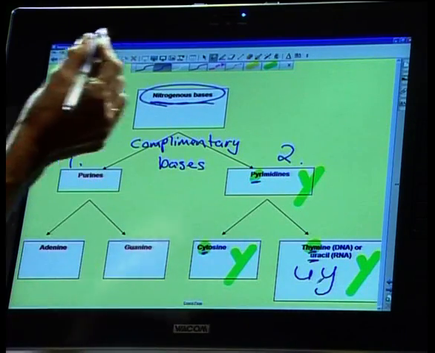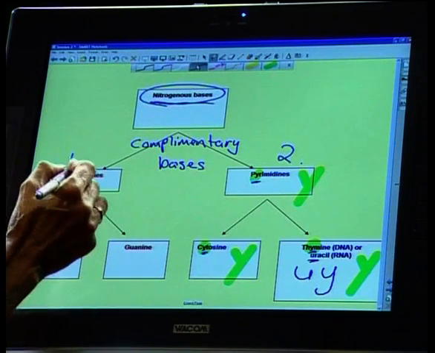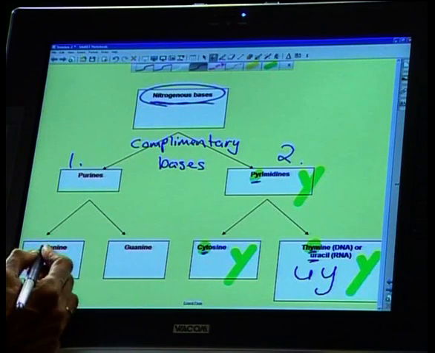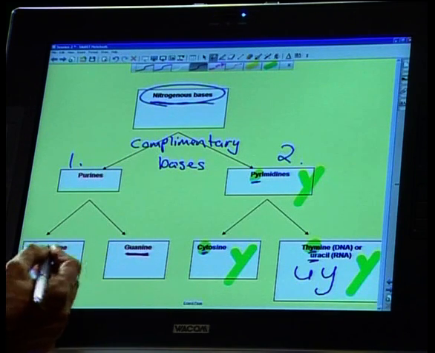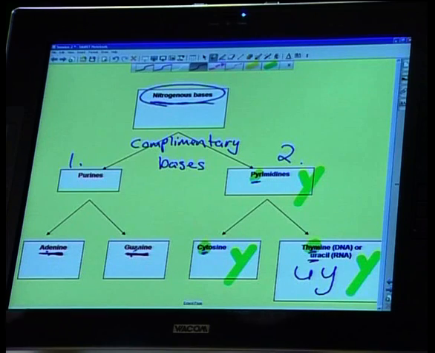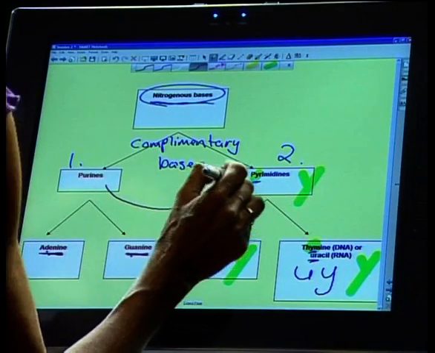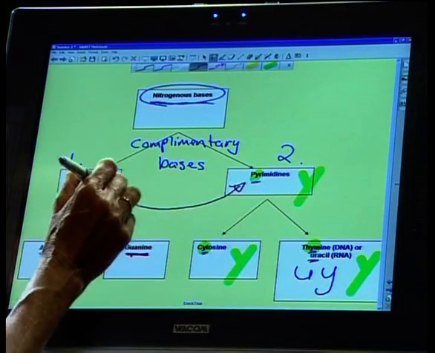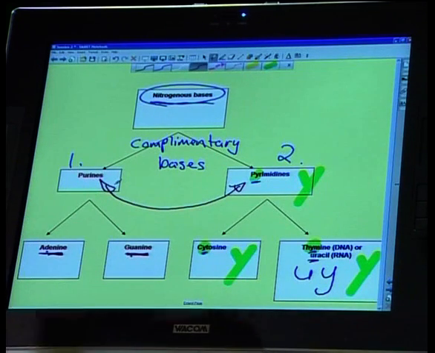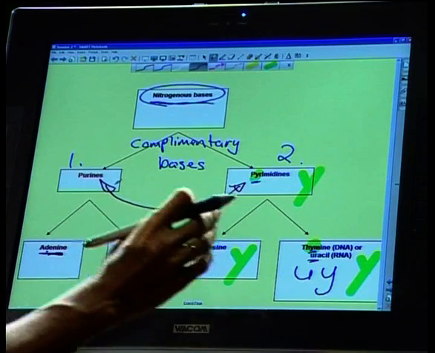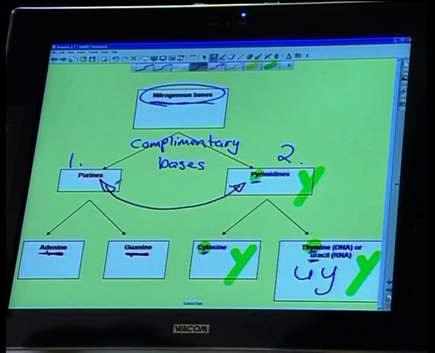Then the opposite applies for purines. Purines, we have adenine and guanine. So A and G. Okay, now the way they're complementary bases. So your purines are always going to join with your pyrimidines, always. And in other words, your adenine and guanine is going to team up with your cytosine and thymine. And there's a very specific combination.